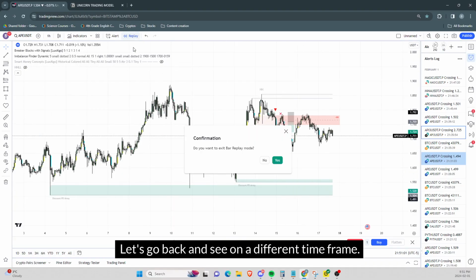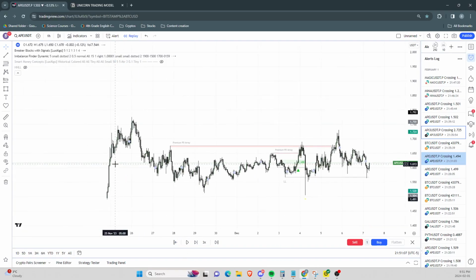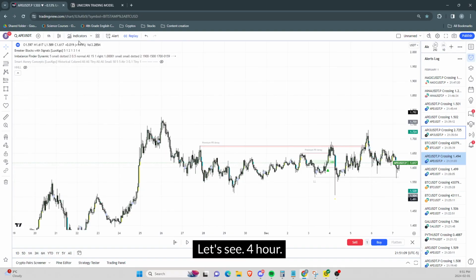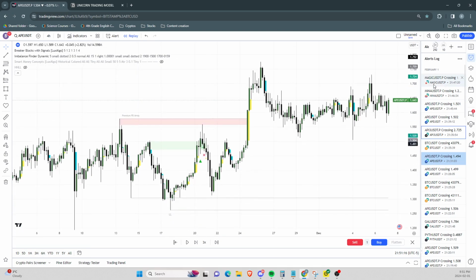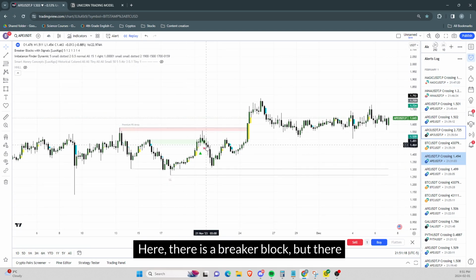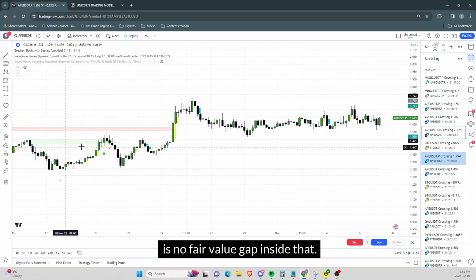Let's go back and see on a different time frame. Let's see 4 hour. Here there is a breaker block, but there is no fair value gap inside that.